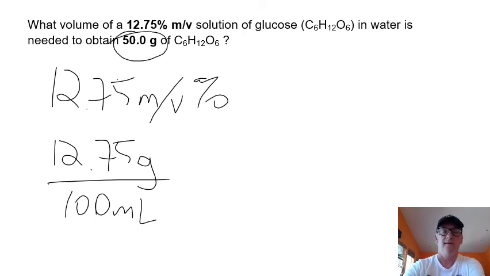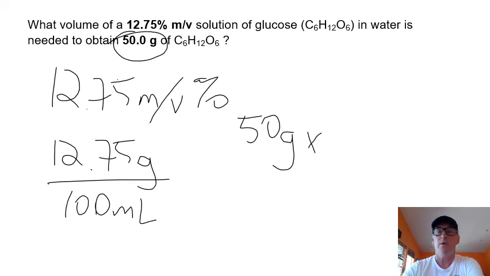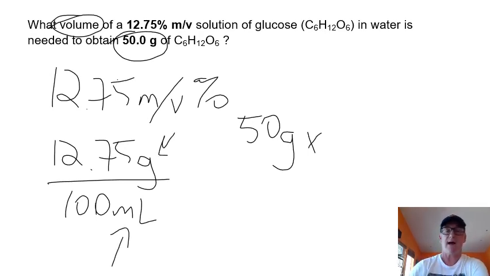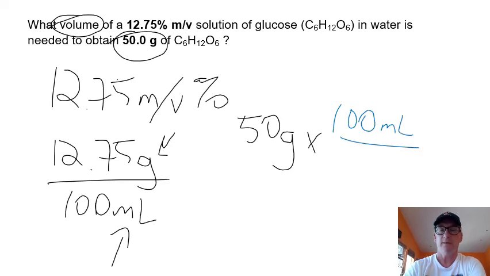So 50 grams times, now remember, we want a volume. So we want to arrange our unit conversion so that we get volume at the end. Well, my volume is on the bottom and my grams are on the top, so I'm going to flip that upside down and put 100 mils over 12.75 grams.